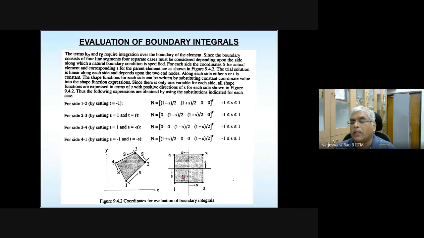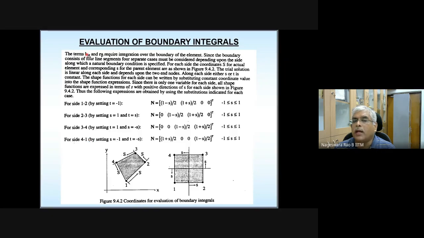It's going to be a one-dimensional case. So alongside 1, 2, this is how the shape function vector is going to be. Similarly, alongside 2, 3, side 3, 4, side 4, 1.